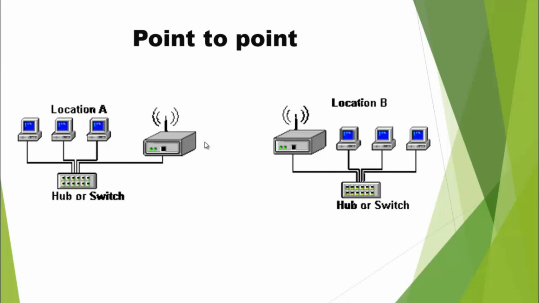Second, in which of the following networks can every computer act as a client, server or both at the same time? Third MCQ: which of the following networks provides centralized security? Okay, then you have to attempt also.